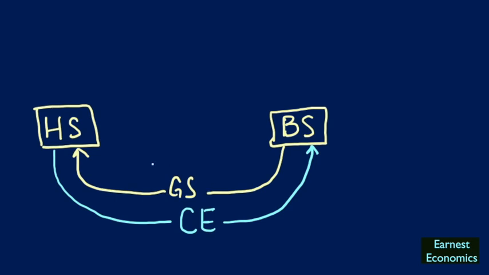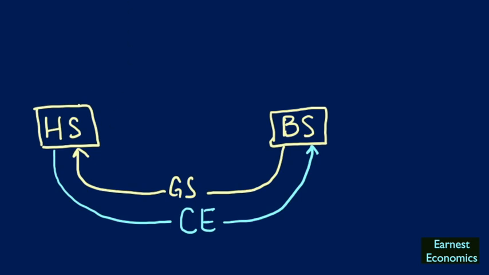Now let's look into another type of relationship between household sector and the business sector. Now business sector needs factors of production to produce goods and services, but business sector is not the owner of factors of production. It is the household sector which owns factors of production.